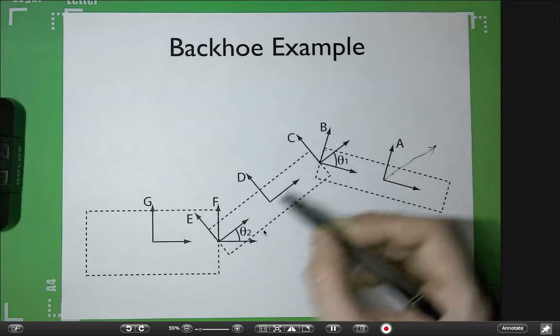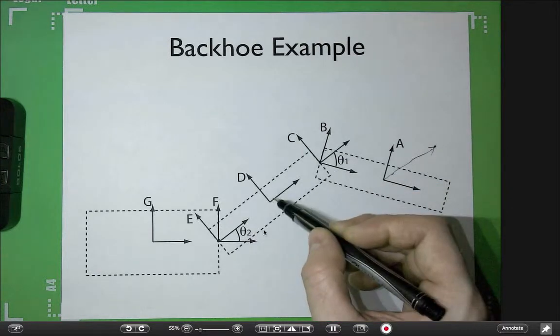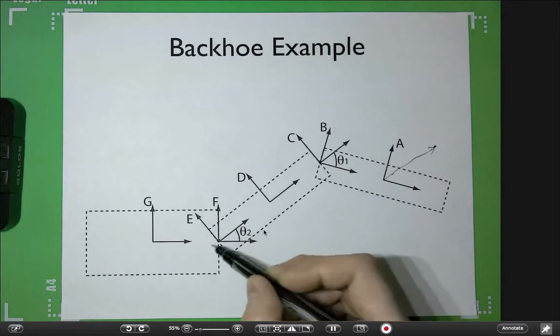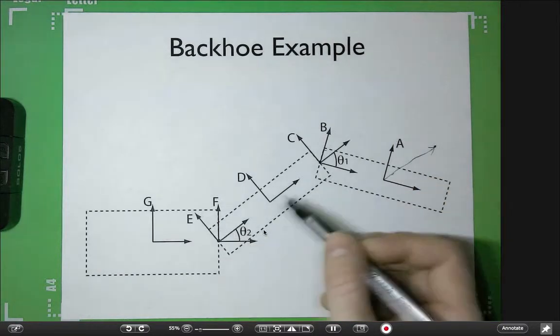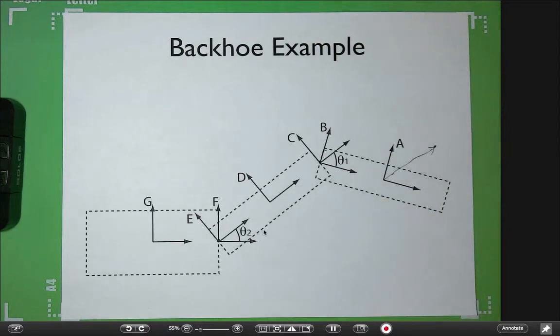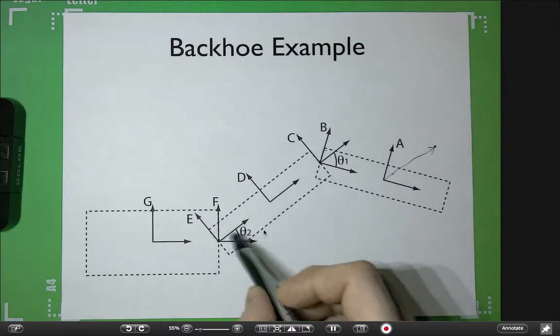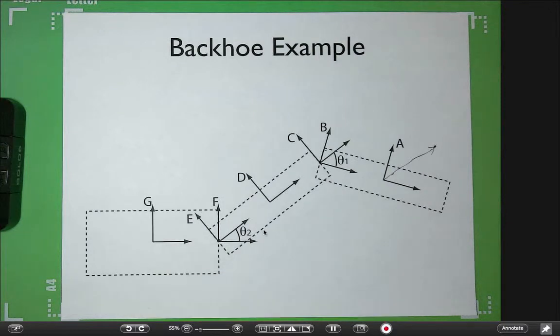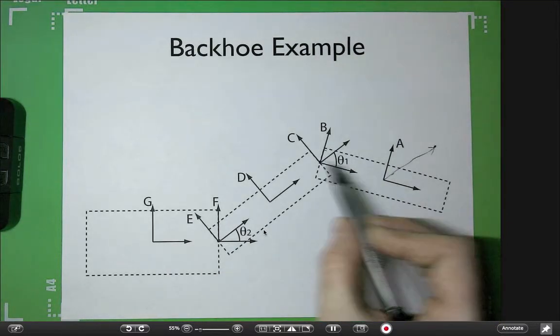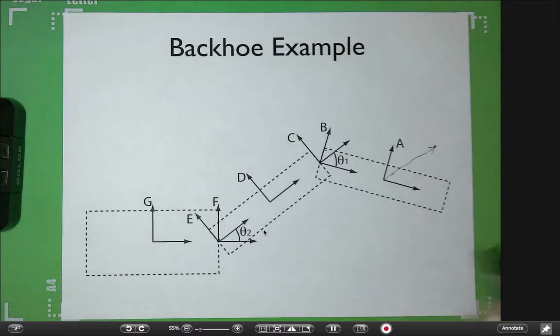Here would be another constant translation to D. I guess you could also skip D because you could go all the way to E, since this is just a rigid link. But you can take as many intermediate frames, it doesn't really matter. There would be another rotation which would bring you to F, and finally a constant translation to G. So if you think about it, you can write the matrices for every single one of them.